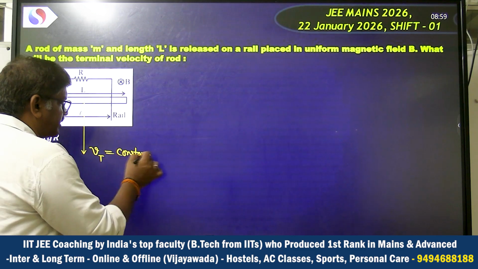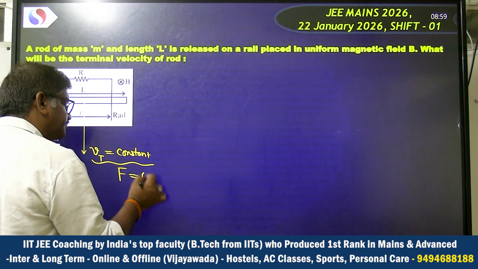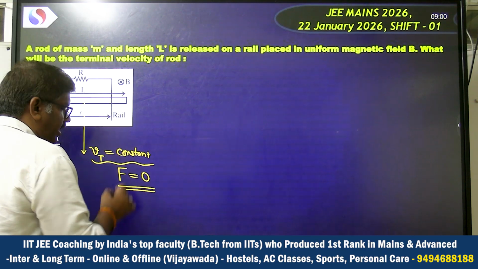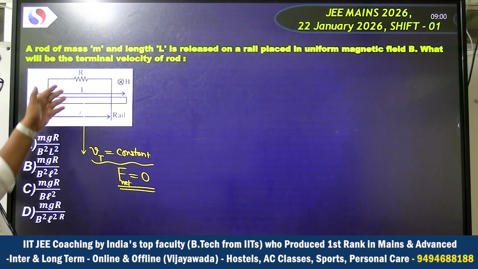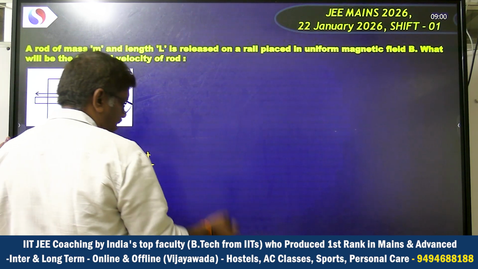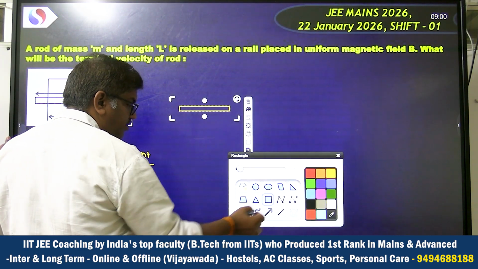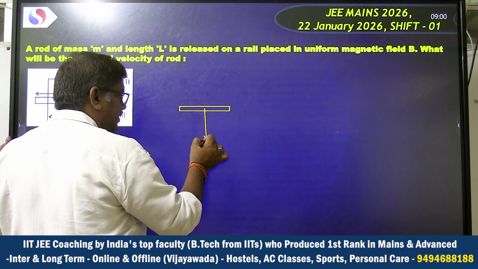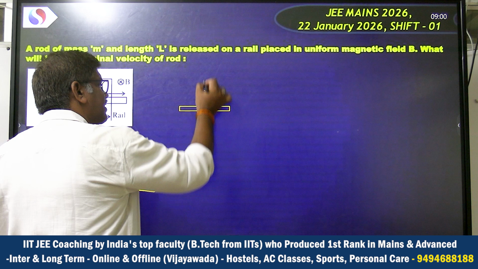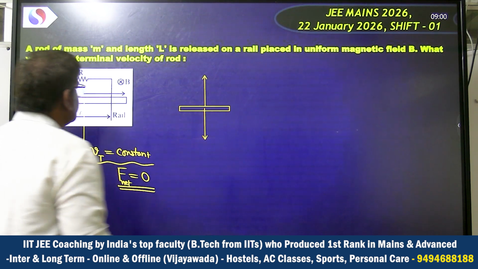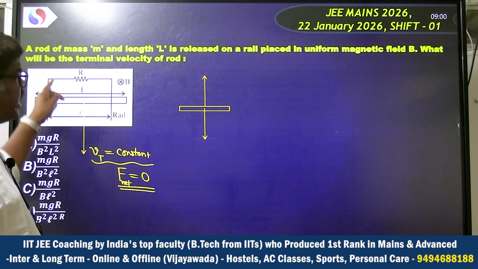So Vt is constant, and velocity can be constant only when the net force on the rod is 0. If I see how many forces are acting on this rod, since it is vertical motion, one force is definitely its weight, mg, and the second force is the magnetic force, which is due to the motional EMF as well as the induced current.